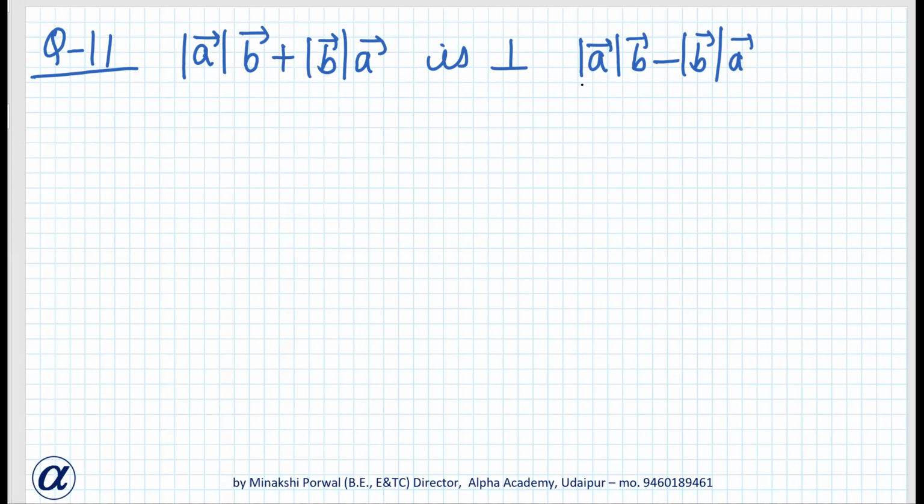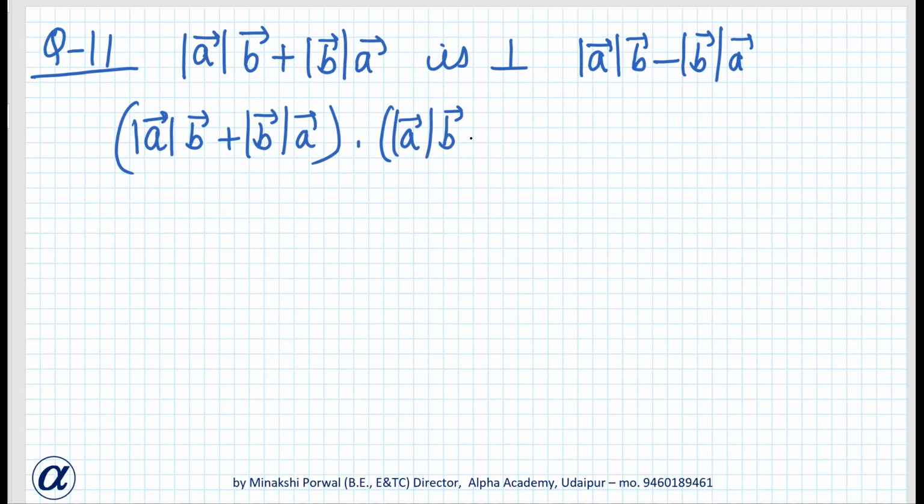We have just now seen that if two vectors are perpendicular, then their dot product will be 0. So here we can write this thing: this dot this equals 0 if they are perpendicular.